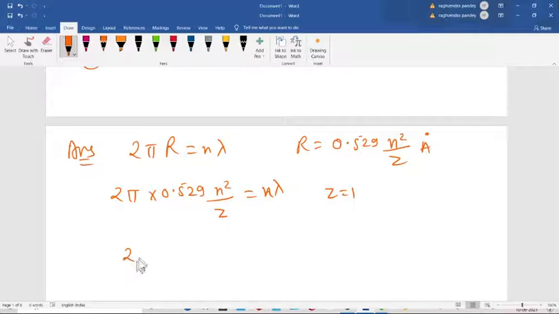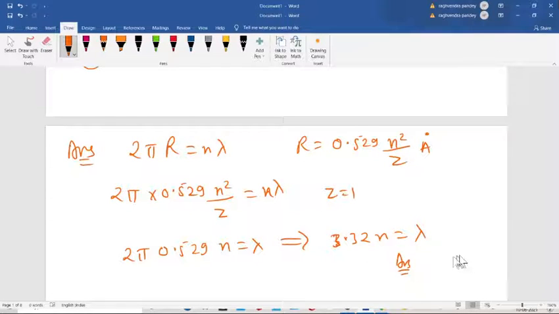So we have 2 pi into 0.529 n is equal to lambda, and that will give us 3.32 n is equal to lambda. Okay, so this is the answer.